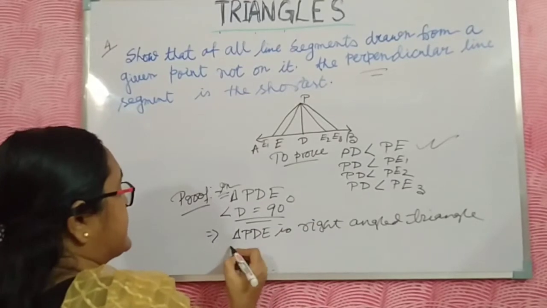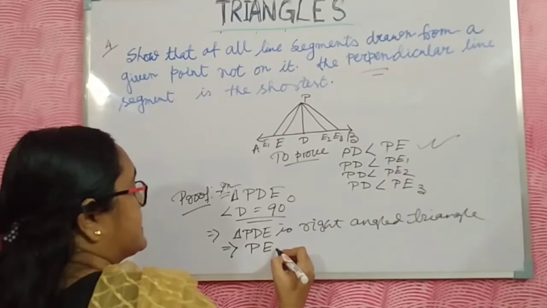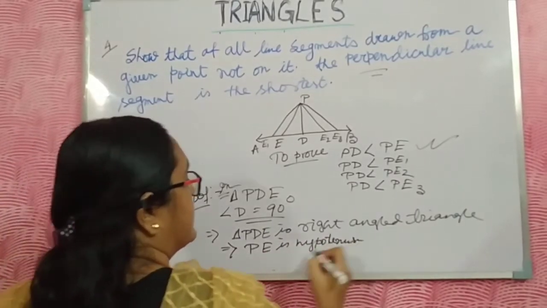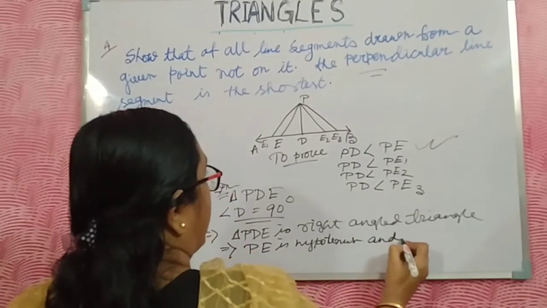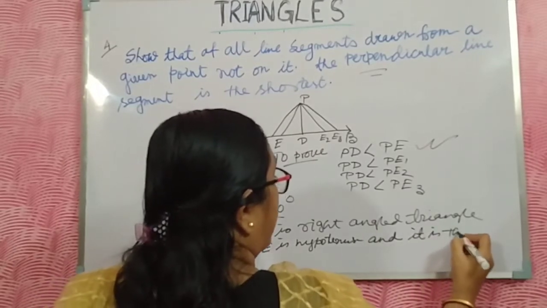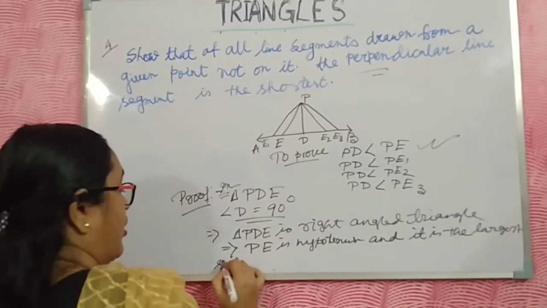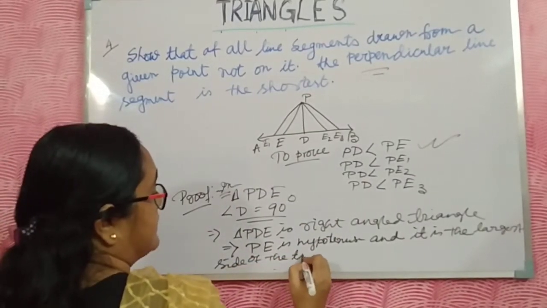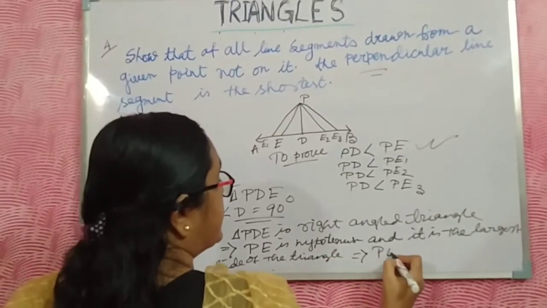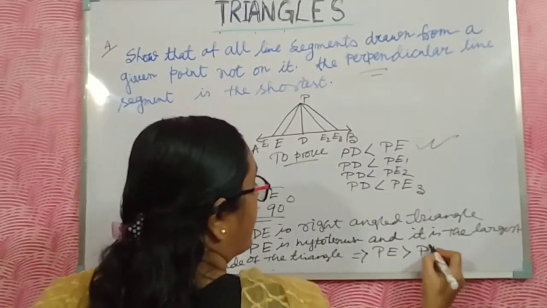Then we can directly say PE is the hypotenuse, and it is the largest side of the triangle. That implies PE must be greater than PD.